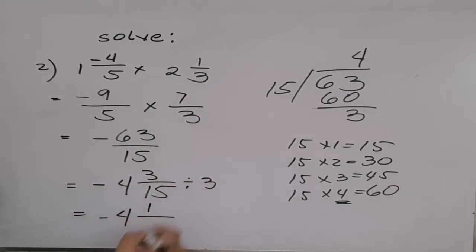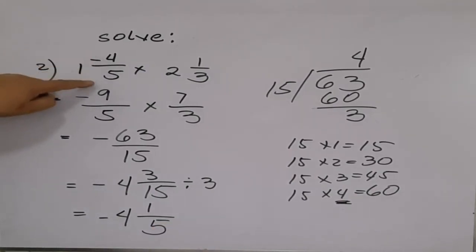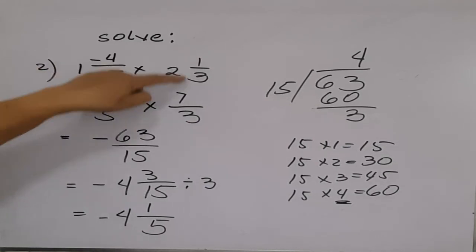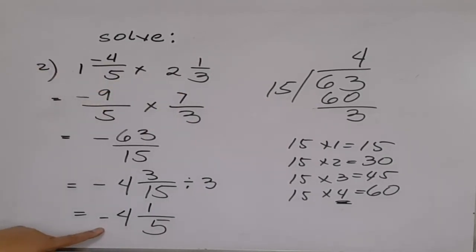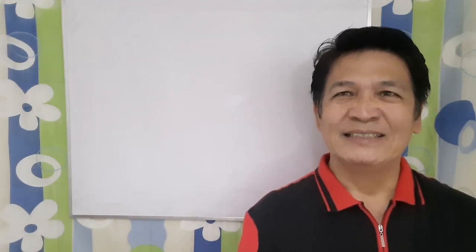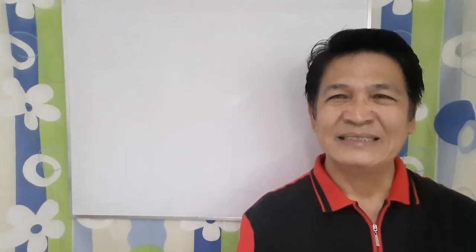And 15 divided by 3 is 5. Therefore, 1 and negative 4 over 5 times 2 and 1 over 3 equal to negative 4 and 1/5. So that is your answer. So that is our topic for today, the multiplication of signed fractions.